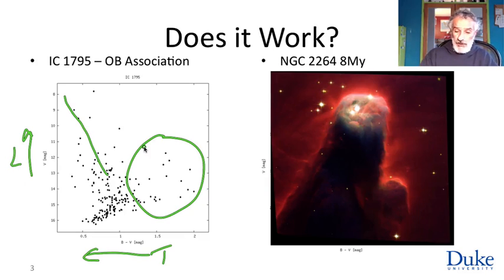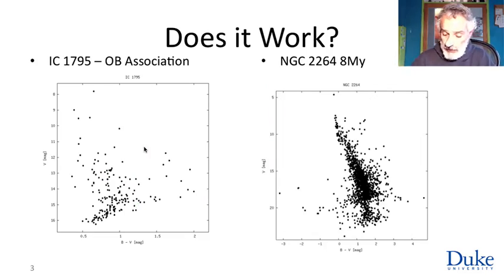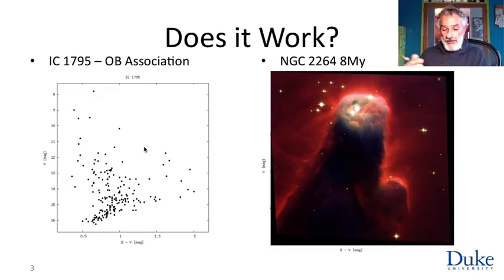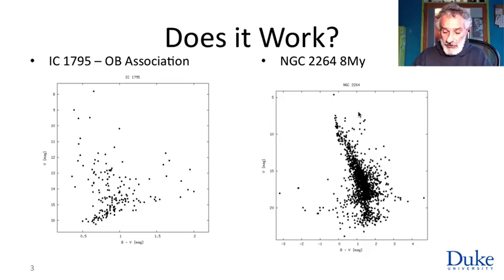The structure becomes more definite when you go to a young but relatively developed cluster. This is the Cone Nebula. That image that I prematurely erased is a beautiful Hubble image, which shows you, by the way, these dust cocoons that I spoke about in which new stars are forming. But if we look at the color magnitude diagram for this, we now see a well-defined beginning of a main sequence.